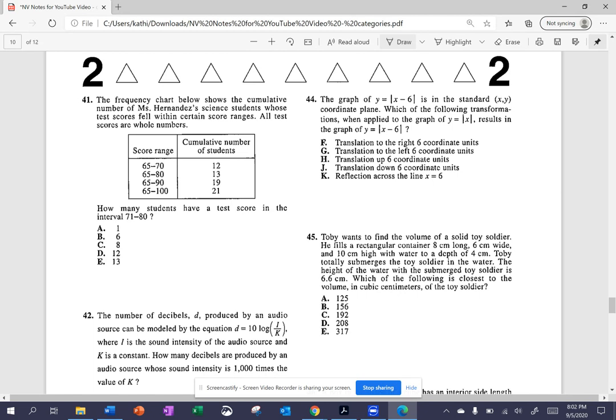How many students have a test score in the interval from 71 to 80? Okay, so 71 to 80 is in this interval here. So to go from here to here, this was +1, so just one student. Oops, 42.